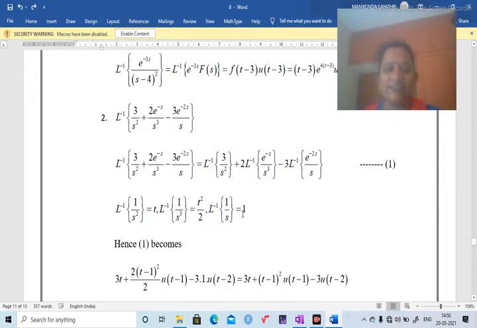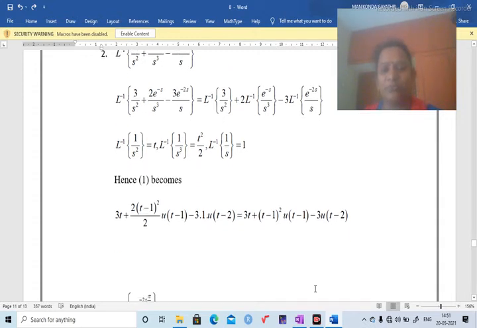Here 1 is there, that's why I am putting 1. That means f of t minus 2 is 1. So u of t minus 2, which equals 3t plus, 2 gets cancelled, t minus 1 whole square into u of t minus 1 minus 3 u of t minus 2. So this is the final answer.